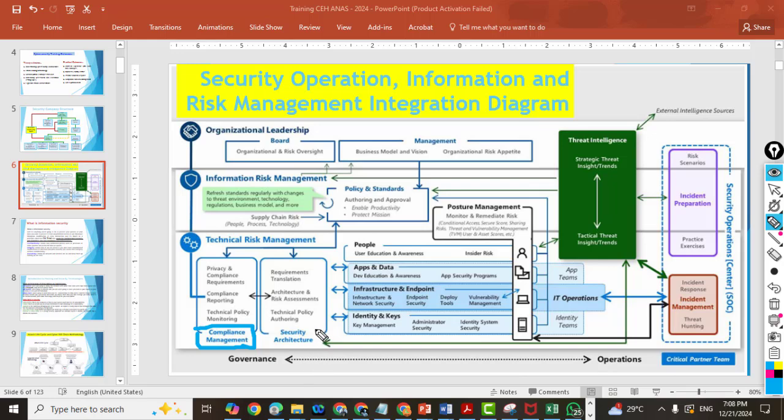So we have the security architecture department. They are responsible for different security for people, for applications and data, for infrastructure endpoints, and identity keys. For example, if we talk about infrastructure endpoints, we have different security endpoint devices, and also, for example, vulnerability management.